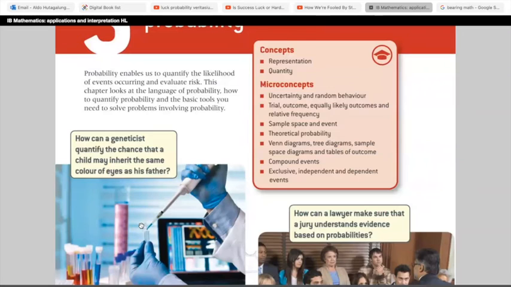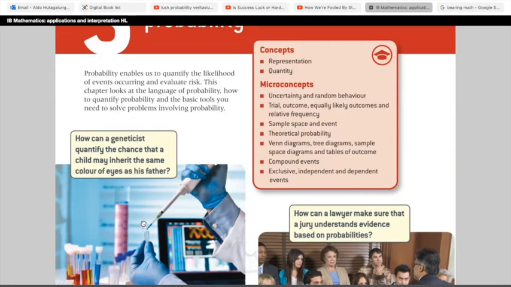Now, probability enables us to quantify the likelihood of events occurring and evaluate risk. This chapter looks at the language of probability, how to quantify probability, and the basic tools you need to solve problems involving probability. For example, how can a geneticist quantify the chance that a child may inherit the same color of eyes as his father?